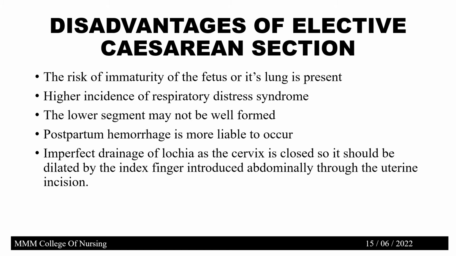During the postpartum period there should be drainage of lochia for 21 days. If the cervix is closed, there is a risk of postpartum hemorrhage, so imperfect drainage of lochia will be there. So it should be dilated by the index finger before closing the uterine incision, so that the lochia drains normally.